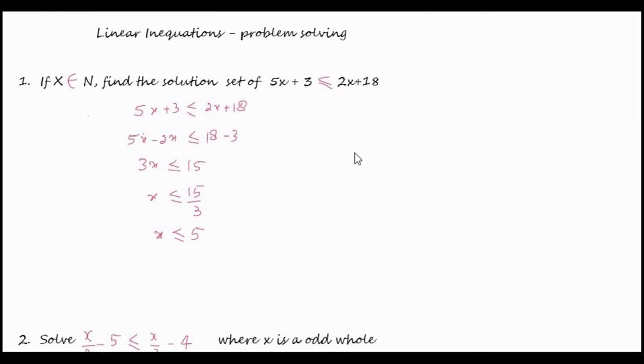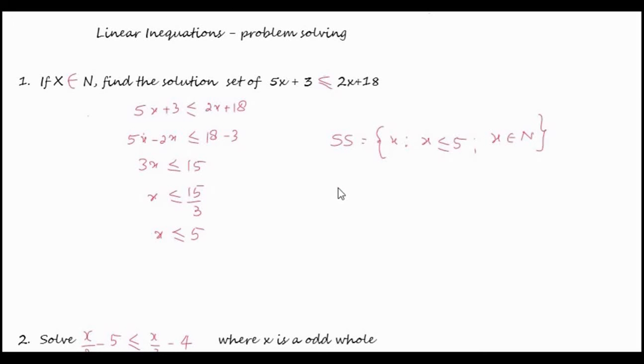So the solution set is {x such that x ≤ 5, x belongs to natural numbers}. So this we are representing in the form of set builder.